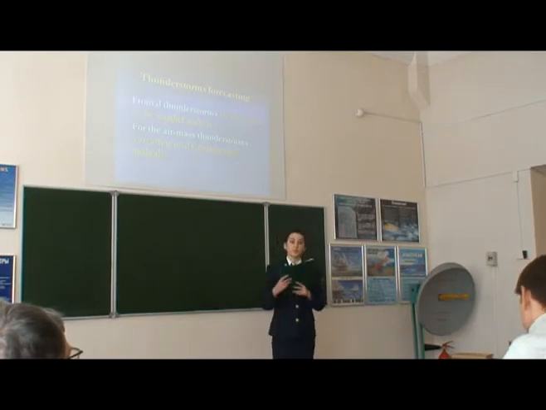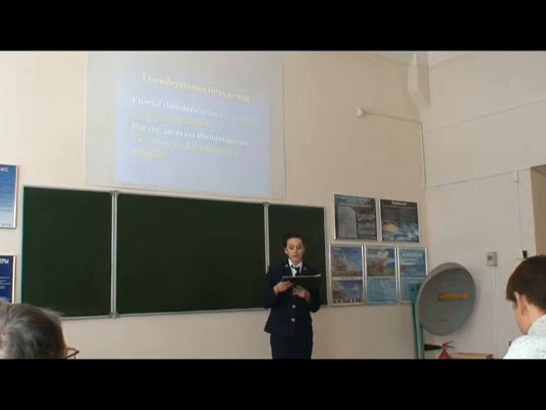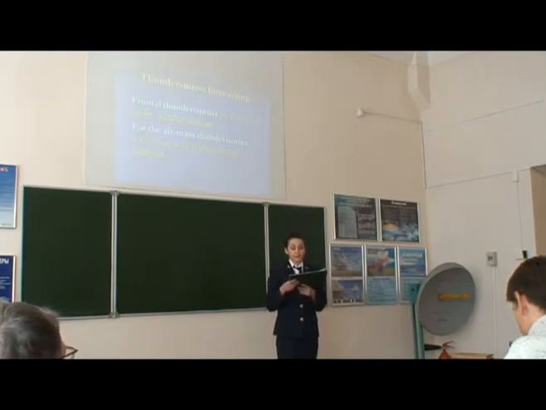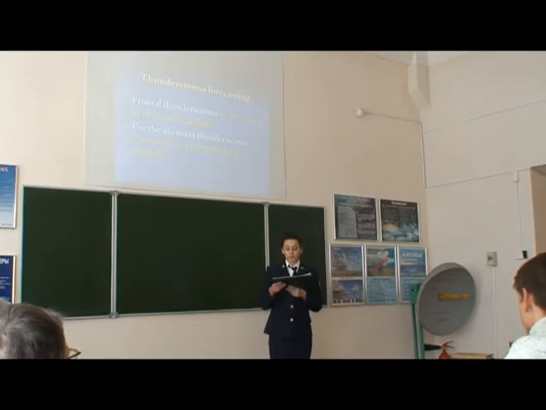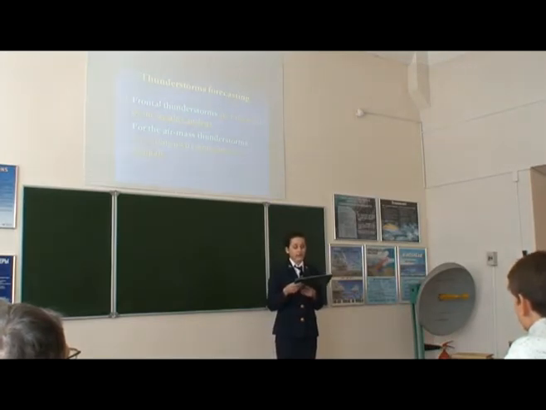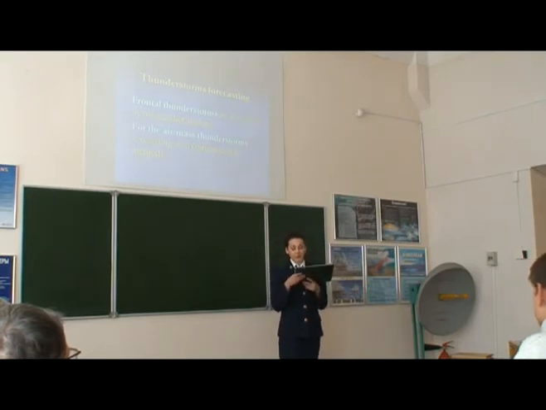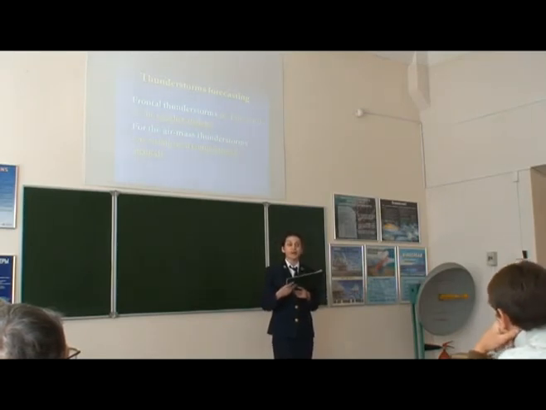Frontal thunderstorms are forecast by weather analysis, by calculating the direction and speed of atmospheric front movement and assessment of its evolution. And for air mass thunderstorms, forecasting uses computation methods with the data of radio sounding of the atmosphere.